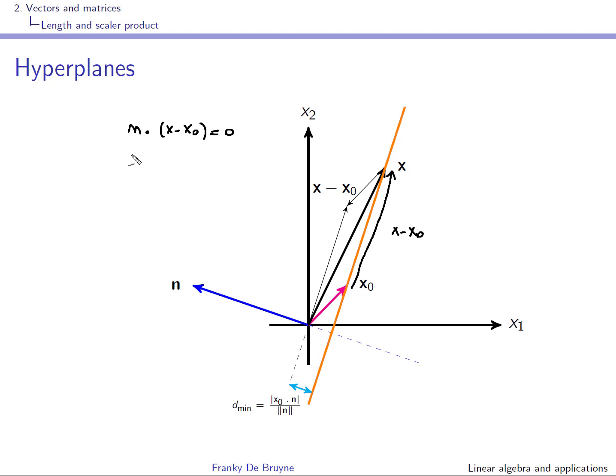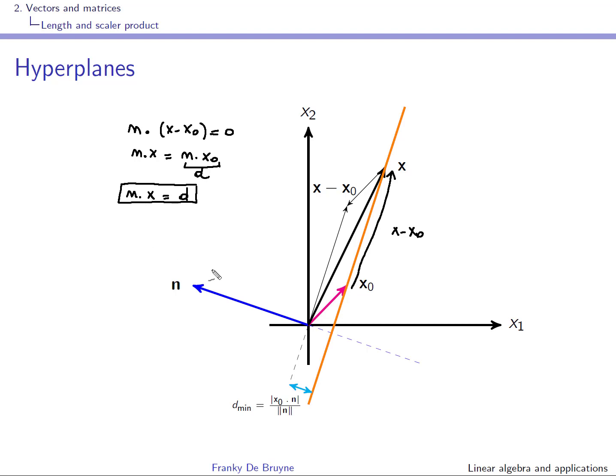So you can rewrite this as n scalar product with x is equal to n scalar product with x0, and this we will call simply d. Okay, so n scalar product with x equals d is the equation of a hyperplane that does not go through the origin, at least if d is different from 0, and that is perpendicular to n.